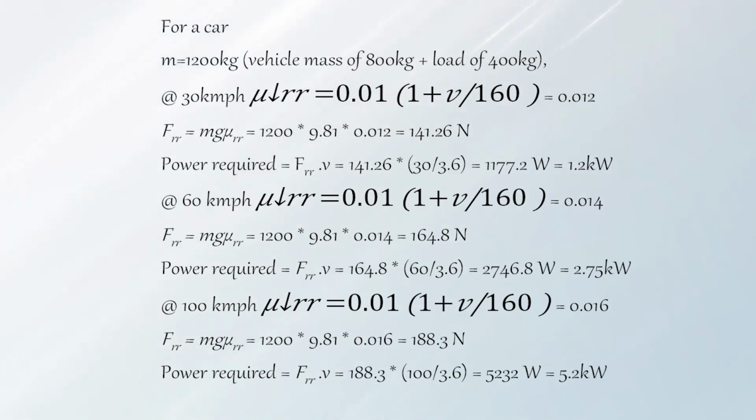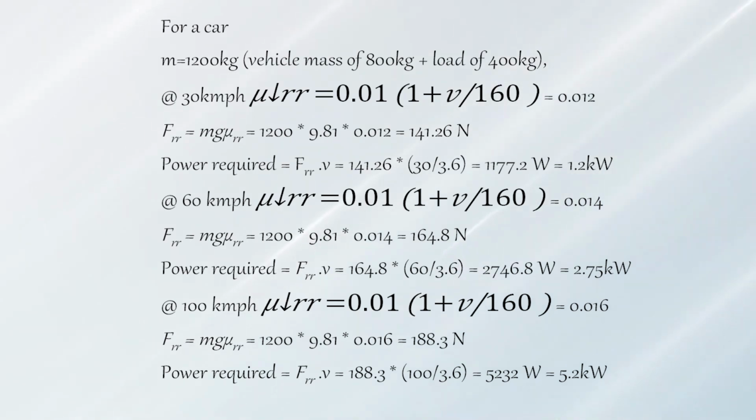Previously, we calculated only the power required for overcoming the aerodynamic drag. Now, we are calculating only the power required to overcome the rolling resistance. So, at 60 kilometers per hour, the power required is approximately 2.75 kilowatt.